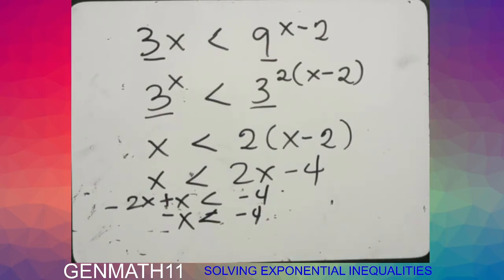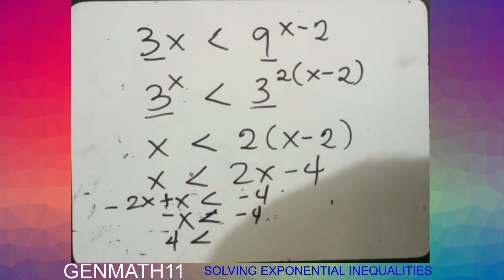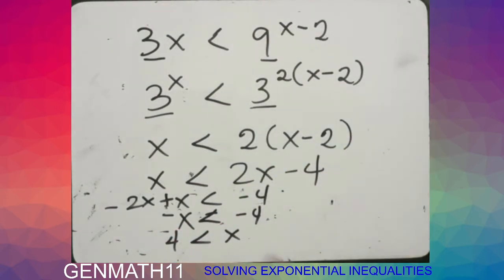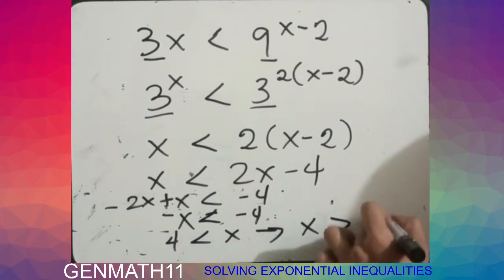Kumbaga, pagbabaliktarin natin sila ng pwesto. So, magiging 4 is less than x. Okay na, naging positive na. Pag binasa mo dito sa kabila, magiging x is greater than 4. So, ita-translate mo siya as x is greater than 4.